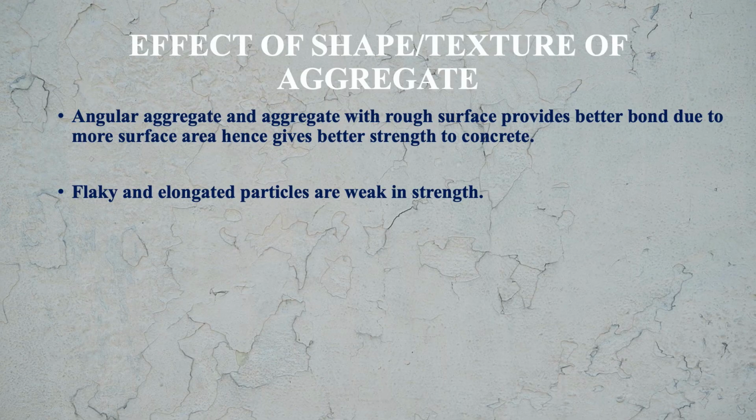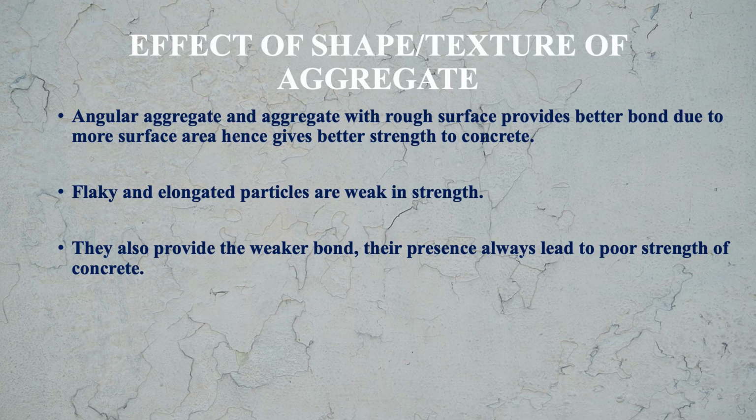But if you take the case of flaky and elongated aggregates, these aggregates are weak in strength, hence they provide weak concrete. They also provide weaker bond. Their presence always leads to poor strength of the concrete. Means if more flaky and elongated aggregates are there, then we will get poor strength of concrete.